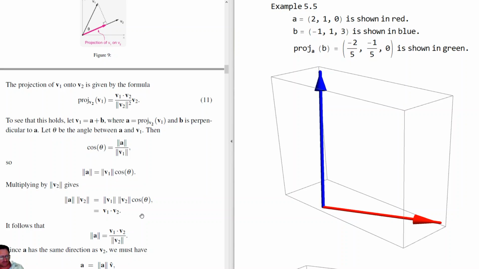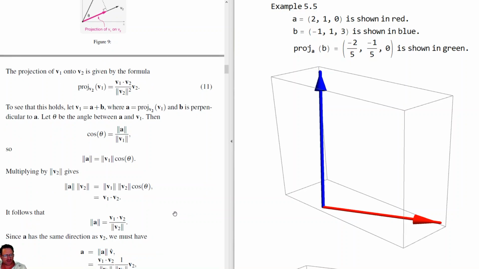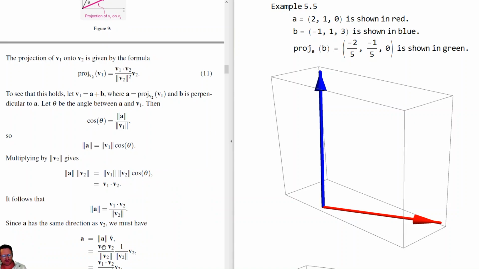Now a has the same direction as v2, so we must have a equal to the norm of a times v2 hat. That should say v2 hat there. All right, but v2 hat is 1 over the norm of v2 times v2, so we just sub that in there.